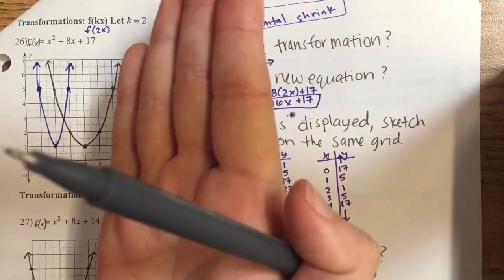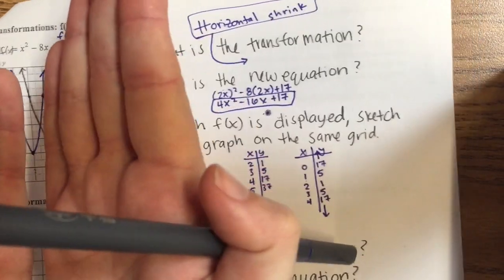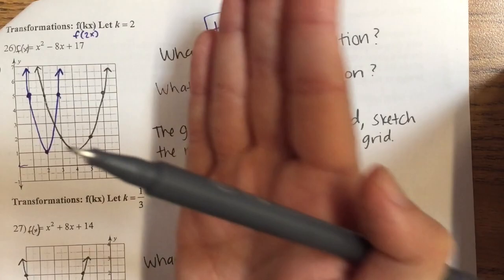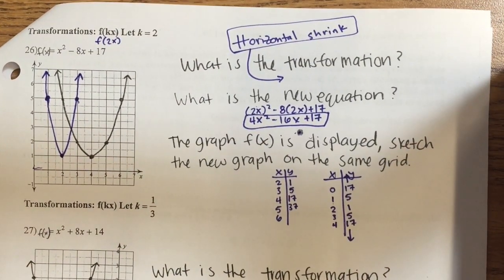So that one, we took our graph and it did a horizontal shrink. It squished our graph together.